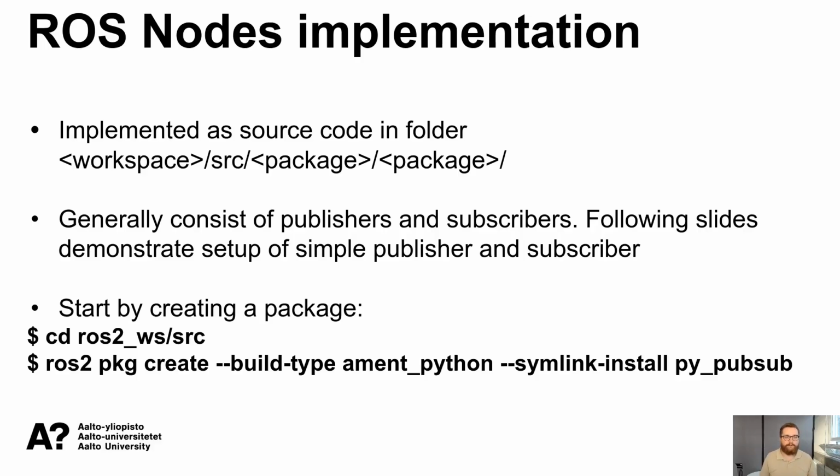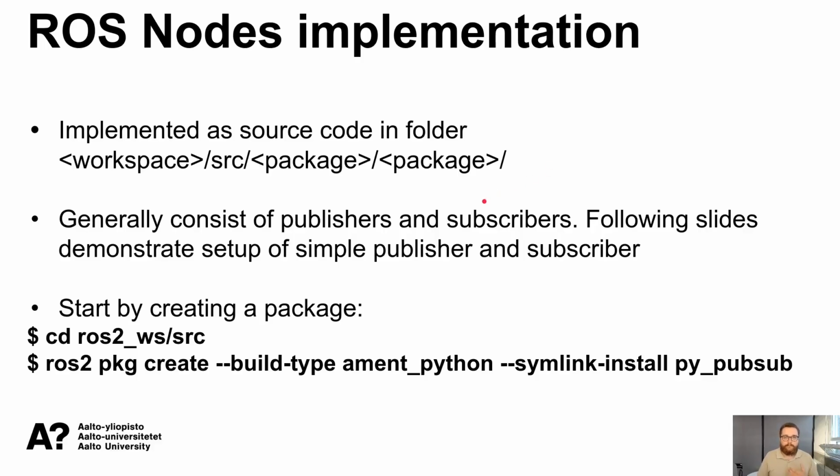You implement nodes by creating source code within your package. Your path could look something like your workspace, source folder, the name of your package, and under this directory you insert the code for your nodes.